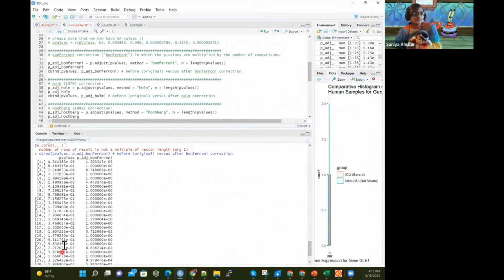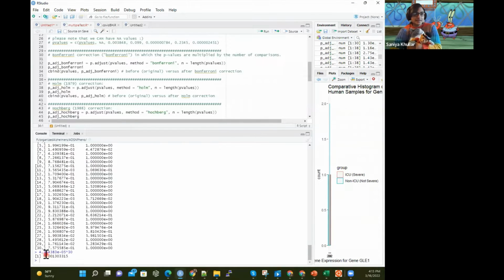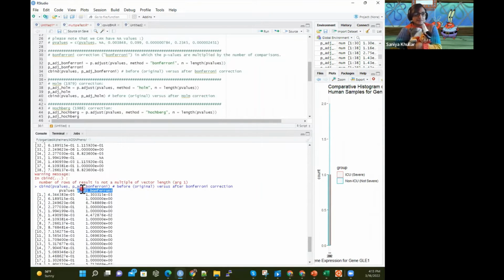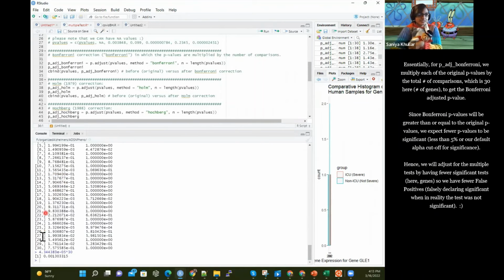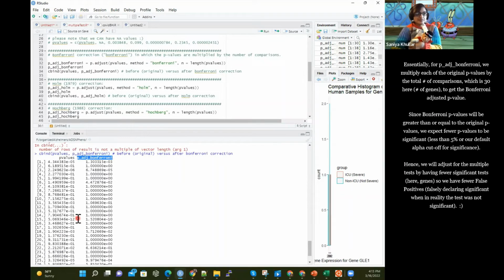What you'll notice is that if I take each of these values and multiply it by 30, if you remember, we have 30 genes here, 30 multiple tests that we're doing. 30 is the number of tests.